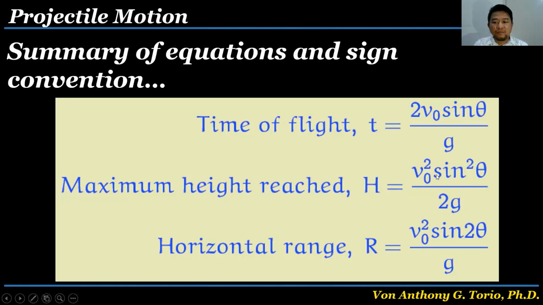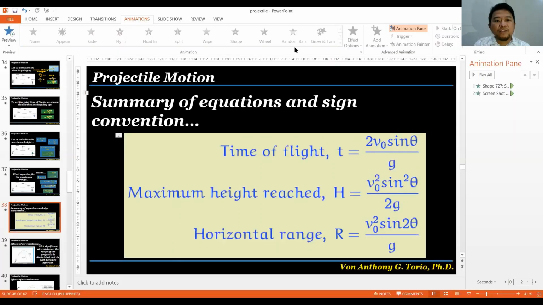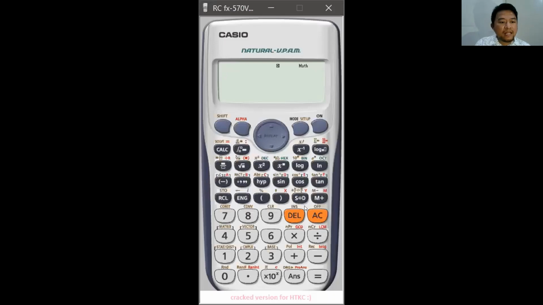What do you think? If we consider sine 0 and calculate, let me share another screen, we get 0. So it will not be maximum if the angle is 0.